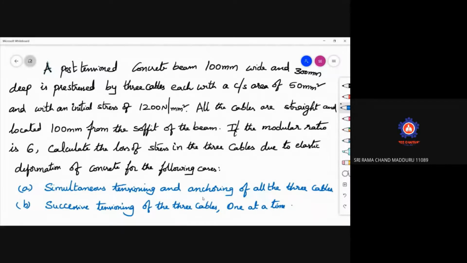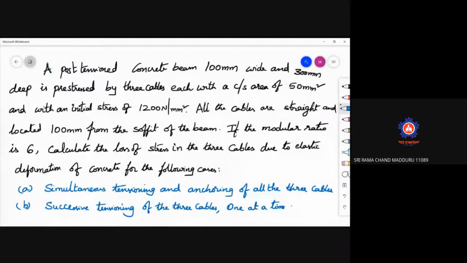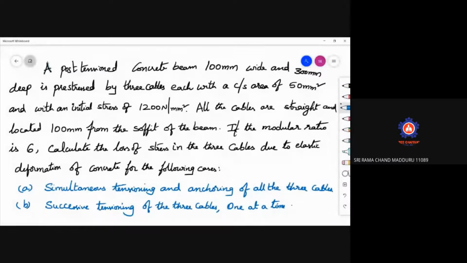I'm giving 30 seconds to 1 minute to note down this question and try to understand it. Read it yourself. What is the given data? You write down the given data. Try to write down the given data.